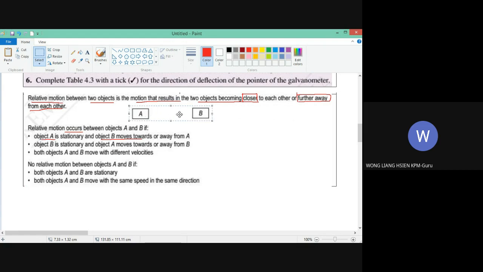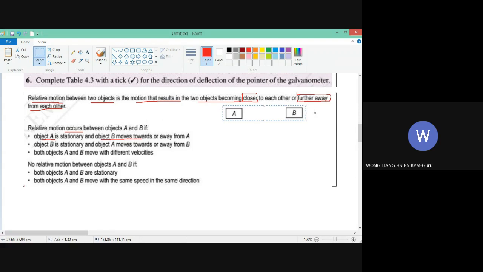So A will slowly catch up to B, becoming closer and closer to B. Or if A and B are moving together, but B is faster than A, B will get further and further away from A. If that is the case, A and B will get closer or further away from each other, and we say there will be relative motion between the two objects.